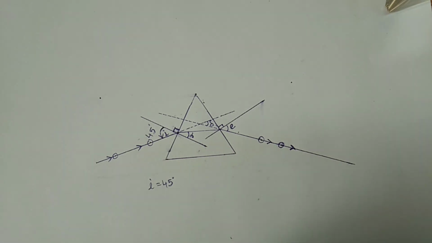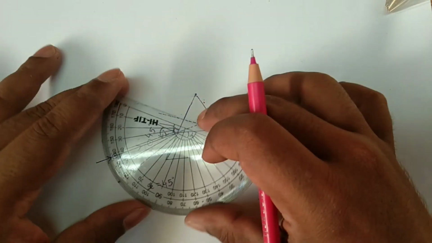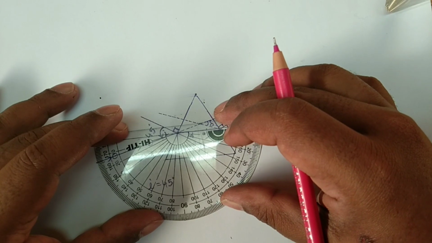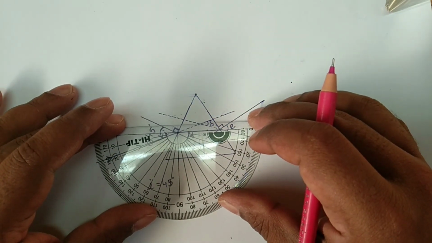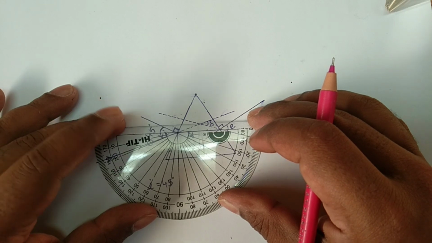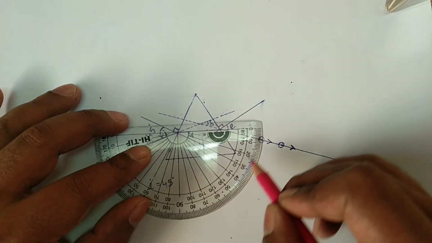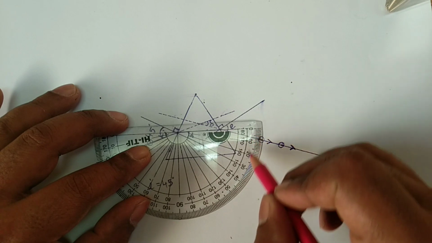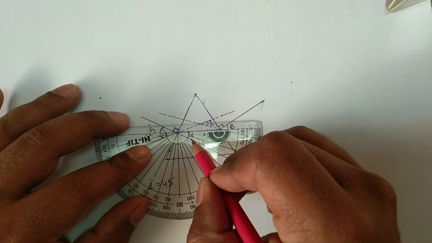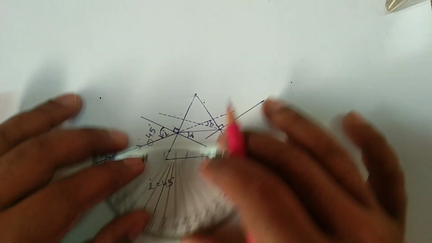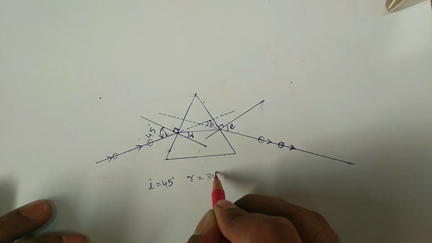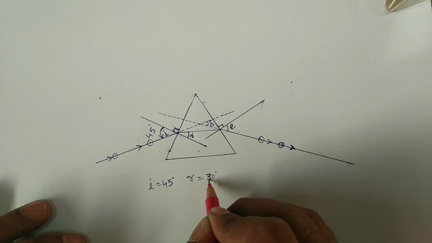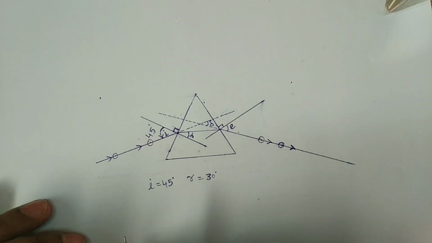First I'll measure R. See, I'll keep it like this. R is 30 degrees. So I'll write R is equal to 30 degrees.